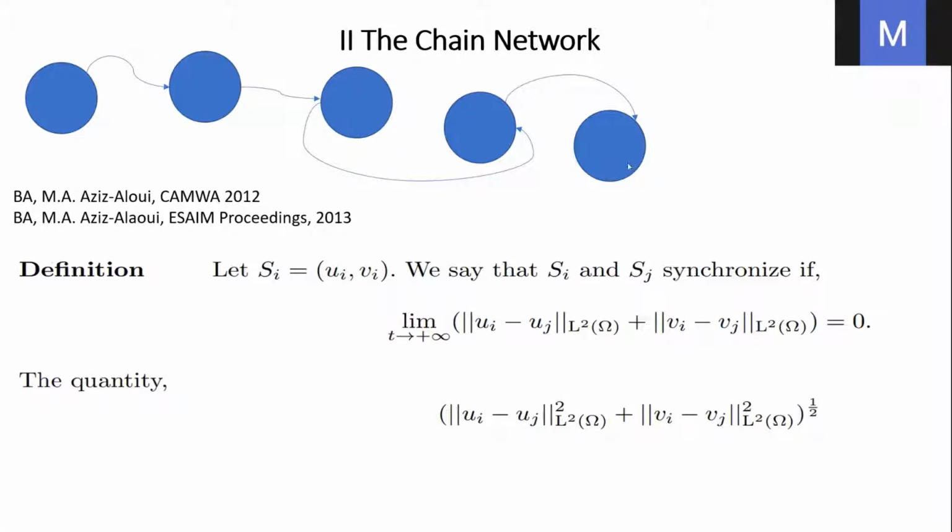Okay, and what I want to talk with you about is the synchronization phenomenon. Here we say that a node Si and a node Sj synchronize if the difference of their norm in L2 goes to 0 as t goes to infinity.